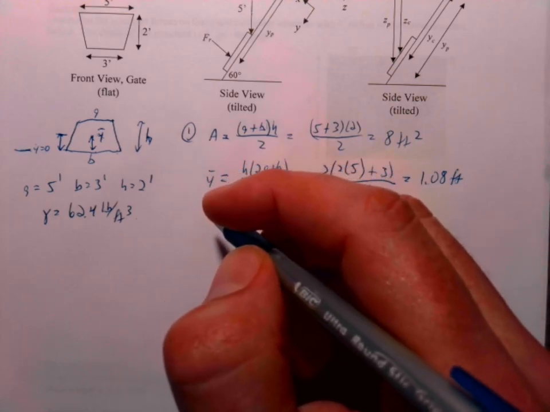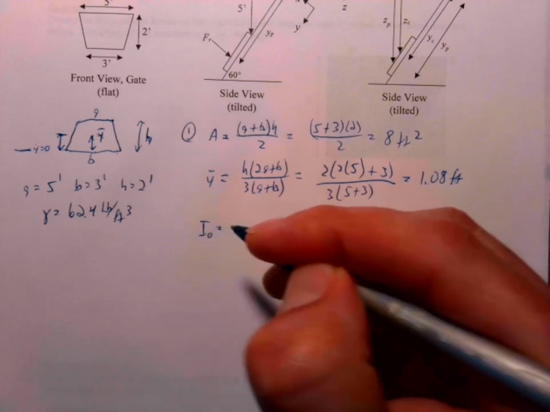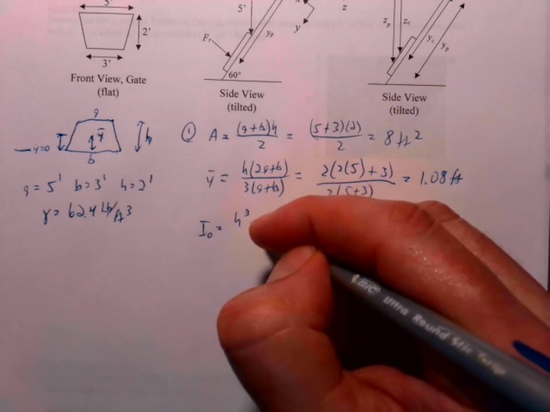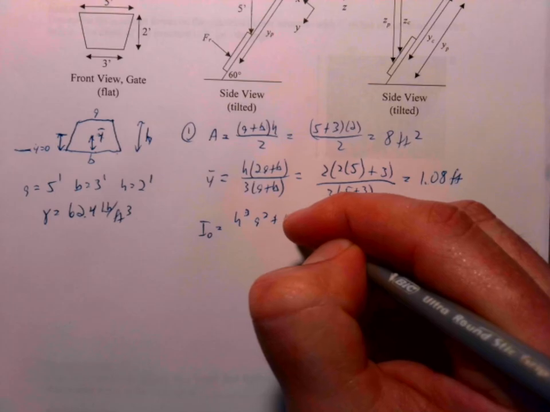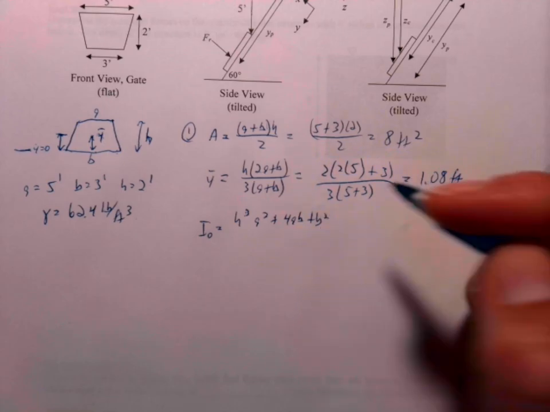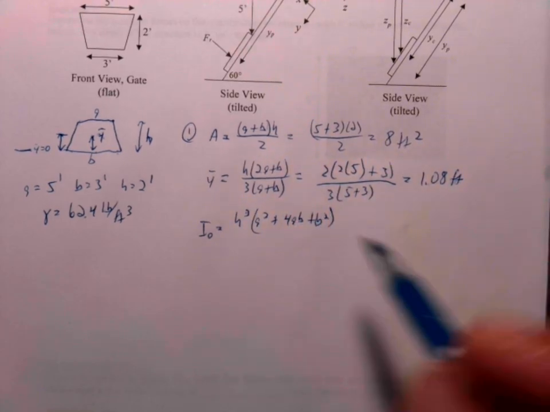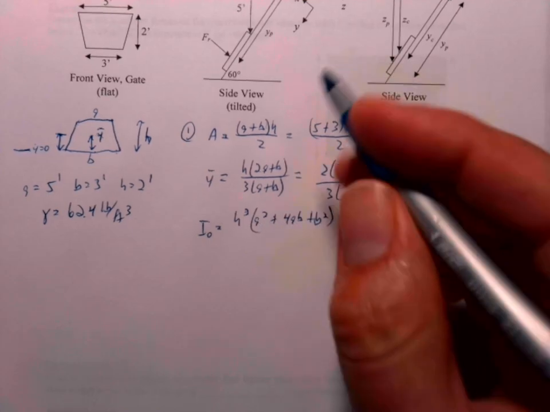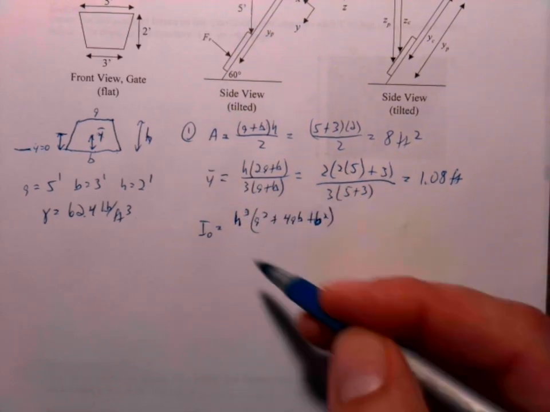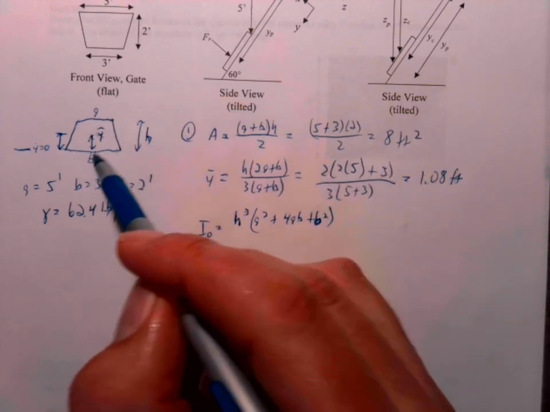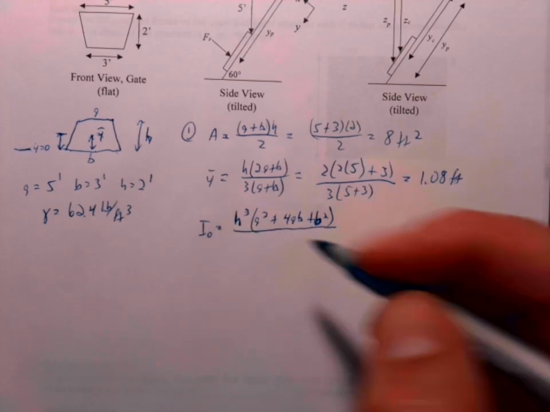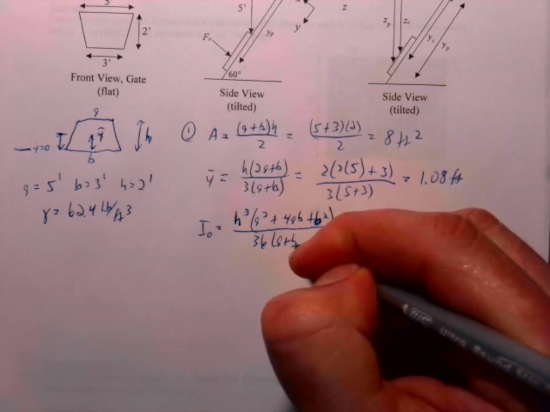Okay, for our shape. And then last we need the moment of inertia, and so the formula for a trapezoid is h cubed times (a squared plus 4ab plus b squared), and all of those are in parentheses. This is again a formula that comes from a table that has been derived for this shape, given a, b, and h as they are defined here. And that's the top, and then that's divided by 36 times (a plus b).